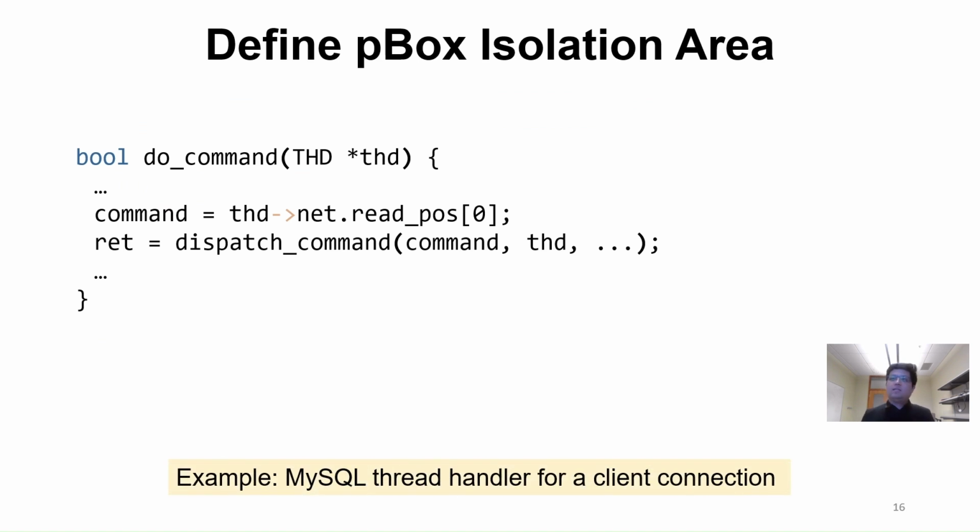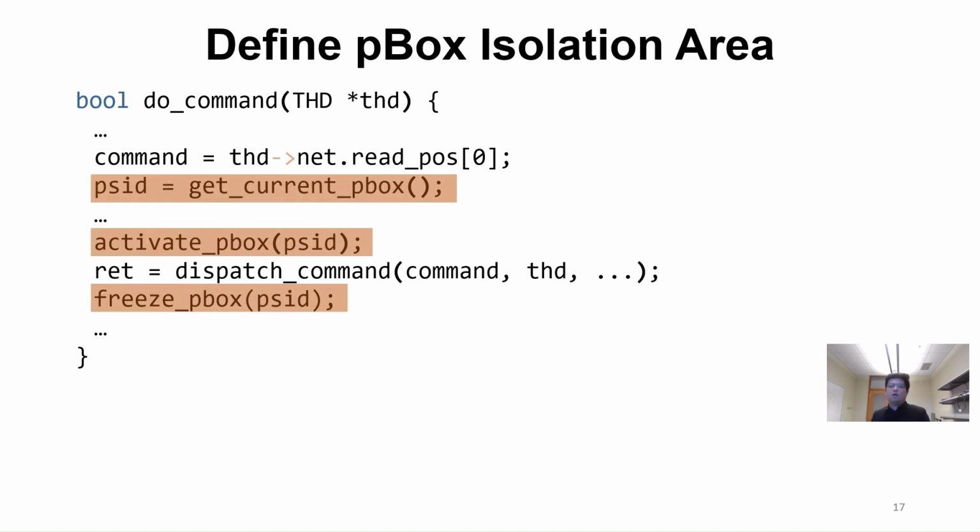When a connection is in the process of handling a request, the system calls the dispatch command function to carry out the actual task required by the request. Developers can activate the corresponding pBox as needed. This activation can occur before the dispatch command function is invoked.